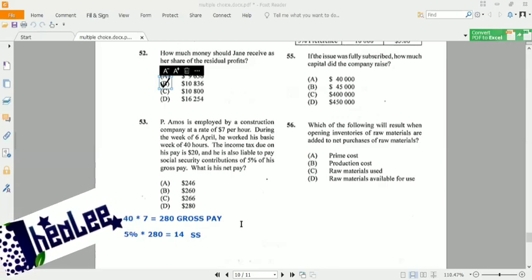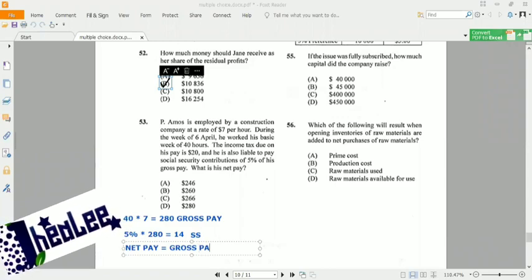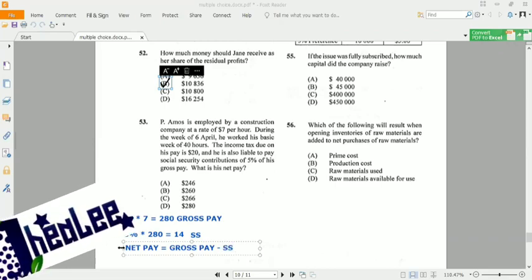So to get the net pay, based on this question, it is the gross pay minus the total deduction, which would be the SS and the income tax.